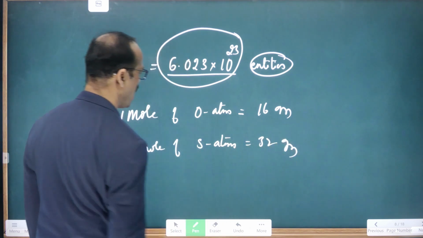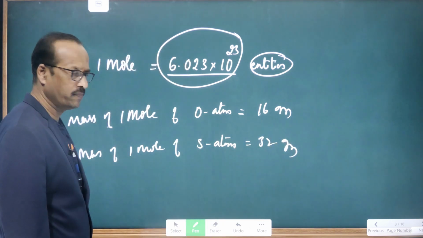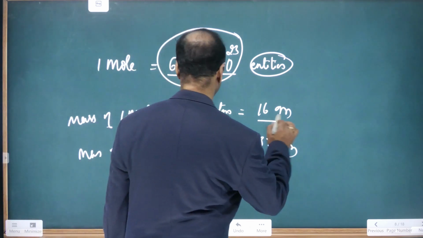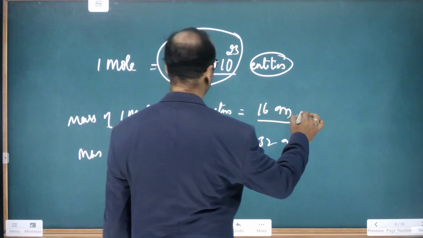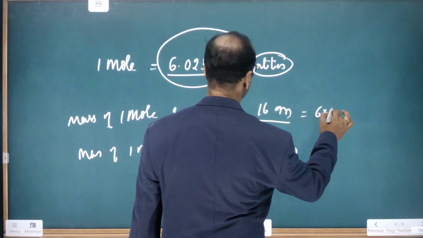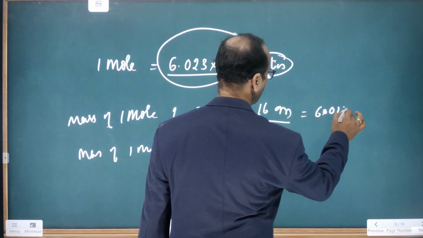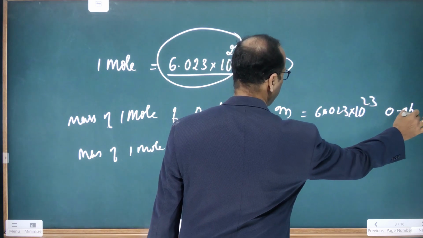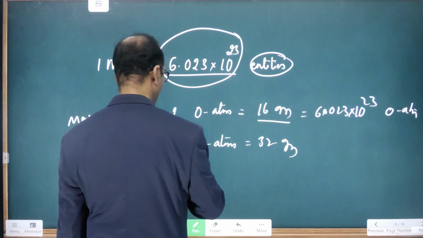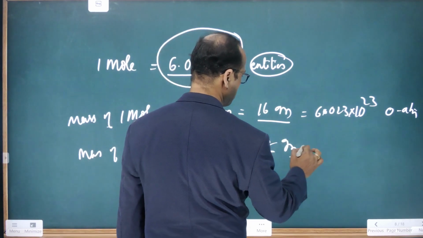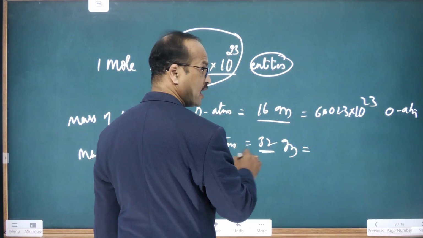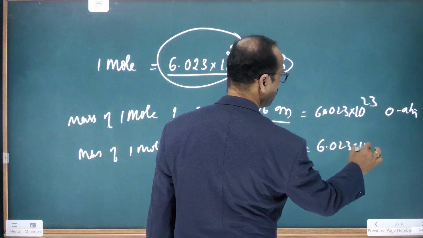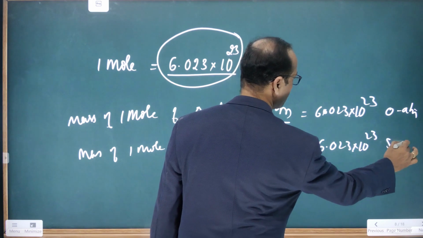Then how is it possible? Yes. 1 mole means 16 grams of oxygen consists of 6.023 into 10 to the power of 23 oxygen atoms. And 1 mole of sulfur atoms is equal to 32 grams, meaning 32 grams of sulfur consists of 6.023 into 10 to the power of 23 sulfur atoms.